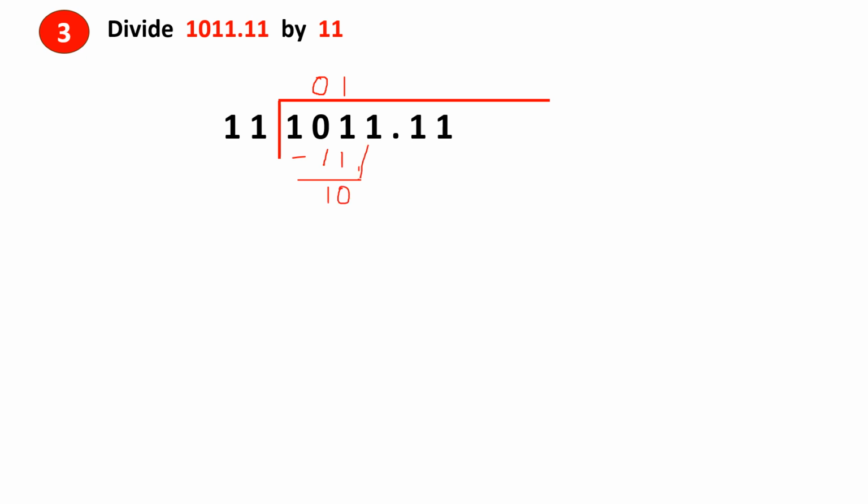Bring this 1 down. So when we compare 101 with 11, 101 is greater. So put a 1 here and 1 here. Again subtract. So we'll get 10. Bring this 1 down.